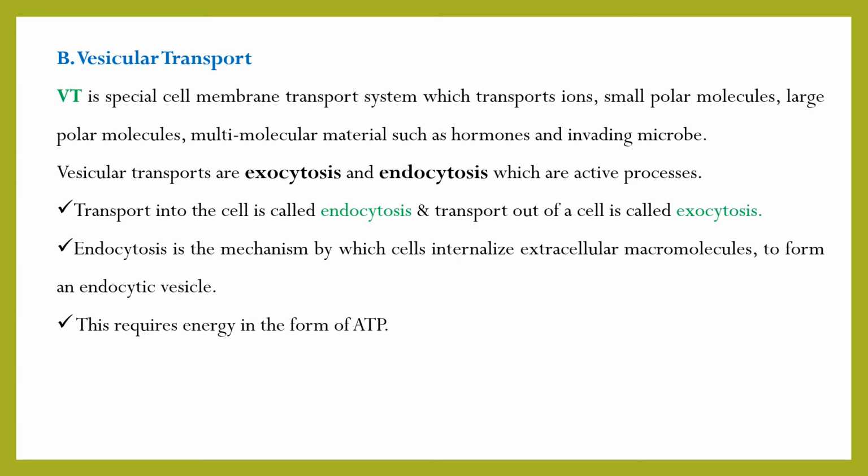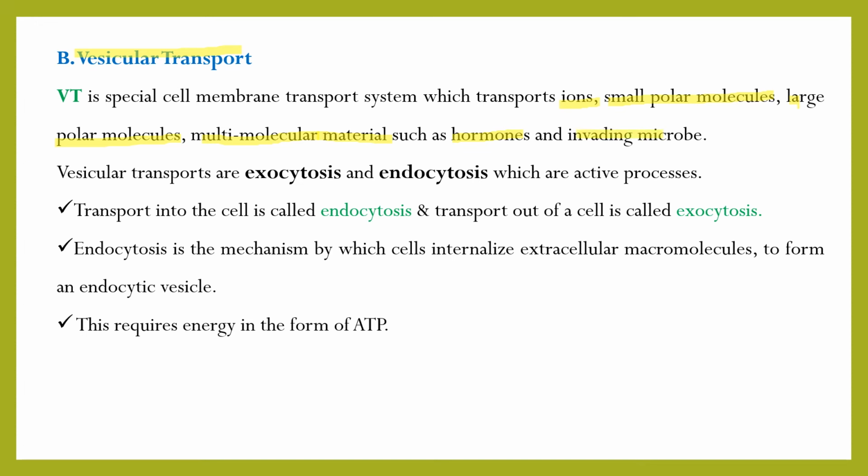Vesicular transport is an example of active transport, and it is a special cell membrane transport system which transports ions, small polar molecules, even large polar molecules, as well as multimolecular materials such as hormones, even invading microorganisms or microbes, including bacteria.